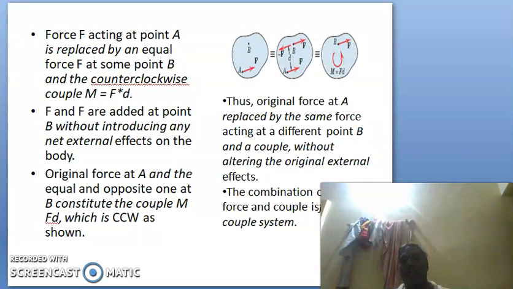Here force F is acting at point A, as you can see in the figure. At point A there is an arrow mark which is the representation of the force acting in the direction shown, with magnitude F.